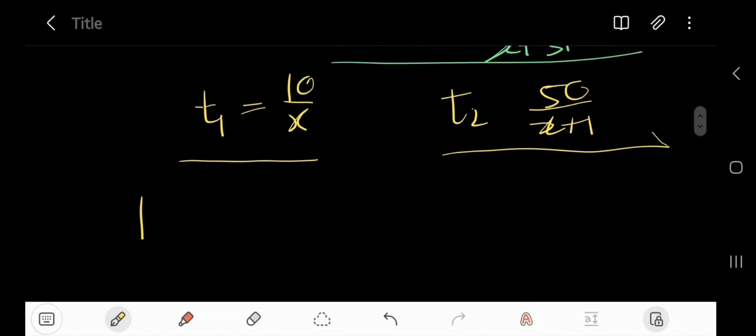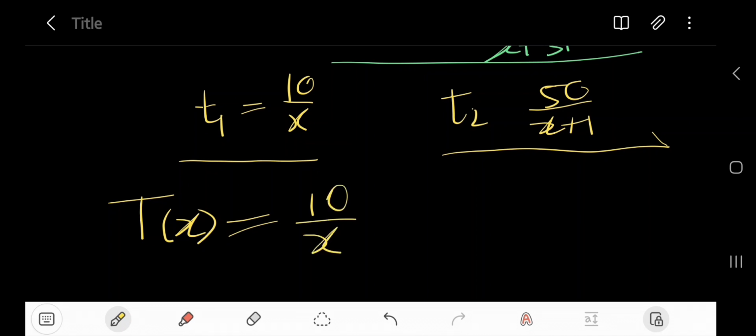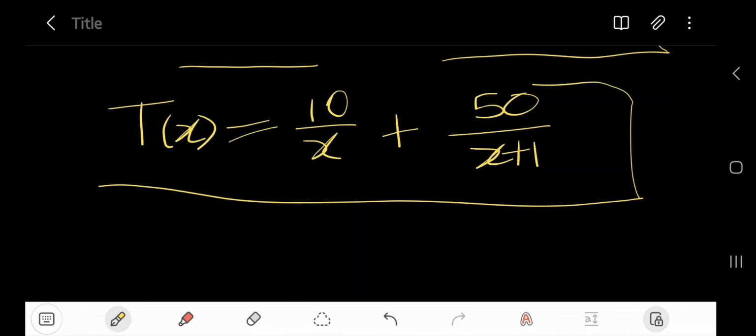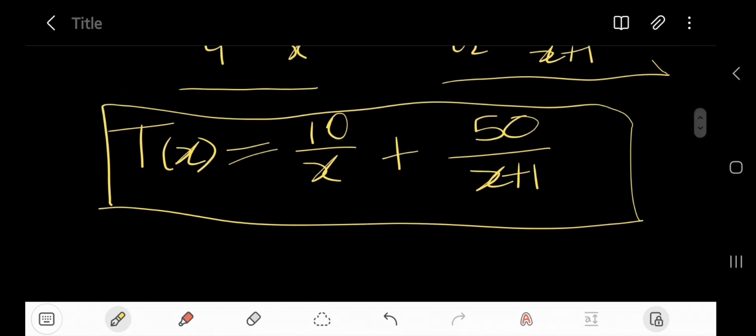I'm just going to say t in terms of x, where t represents the time for the entire race. So we're going to have 10 over x plus 50 over x plus 31. This is our function of time. This is the time that it took to run the entire race.